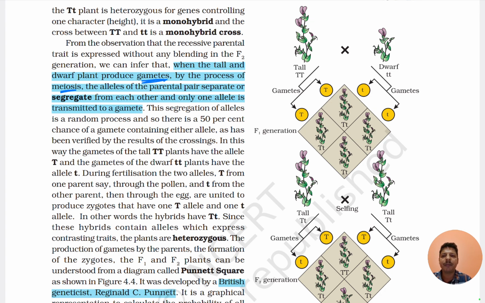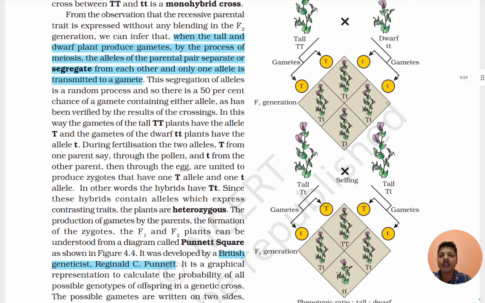With this experiment, we also find that the alleles of a parental pair separate or segregate from each other, and only one allele is transmitted to the gamete. The segregation of alleles is a random process, and so there is a 50% chance of gametes containing either allele.